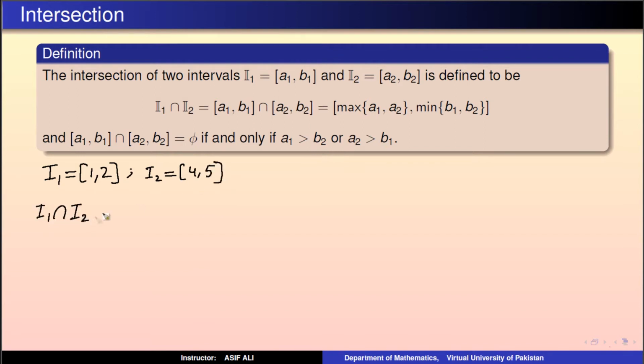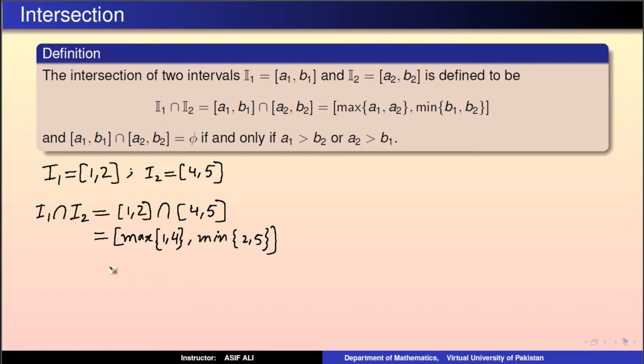Then I1 ∩ I2 = (1, 2) ∩ (4, 5), which can be written as (maximum of 1, 4 and minimum of 2, 5), which is equal to maximum is 4 and minimum is 2. We can see that this is not an interval. This is equal to the empty set because one of these conditions is satisfied.